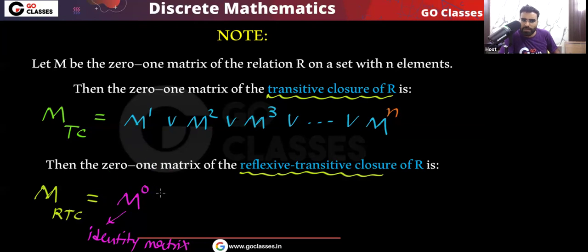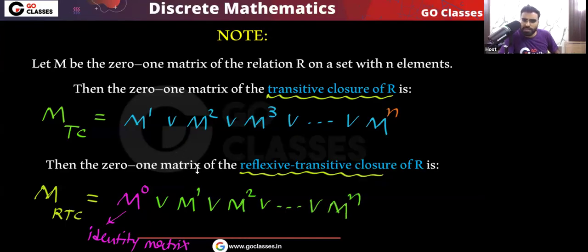For that you do M power 0, or then everything, then you find the transitive closure. So for that you will do M power 1, M power 2, or M power n. Okay, there is no problem.